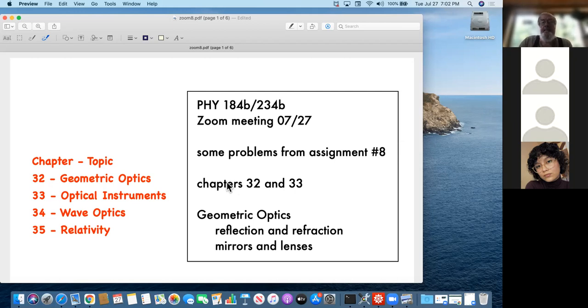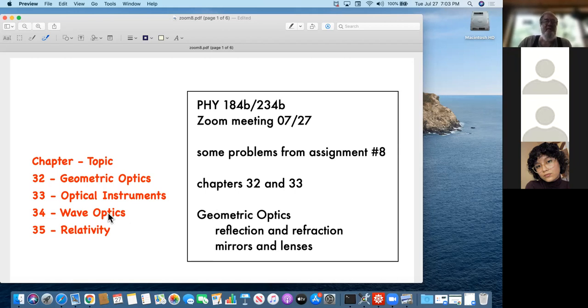Well, okay, that will also be true in some kind of materials. So one aspect of optics is the direction of motion, and that's called geometrical optics. But the other aspect of optics has to do with the oscillating fields, the electric and magnetic fields.